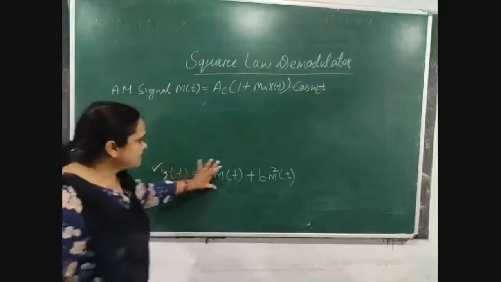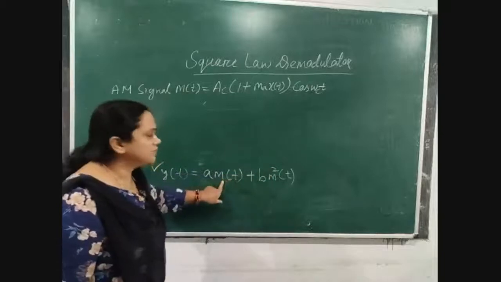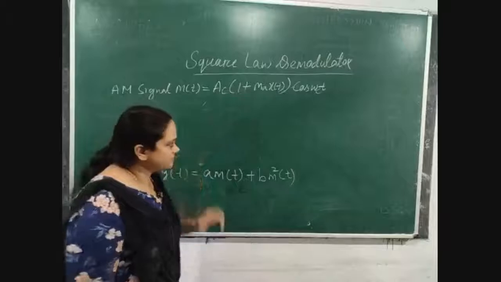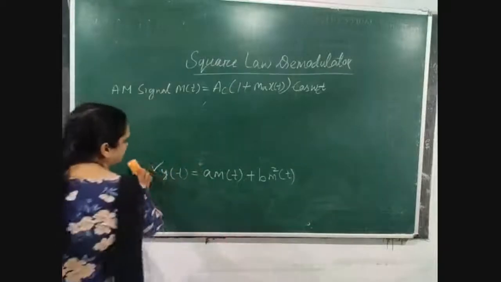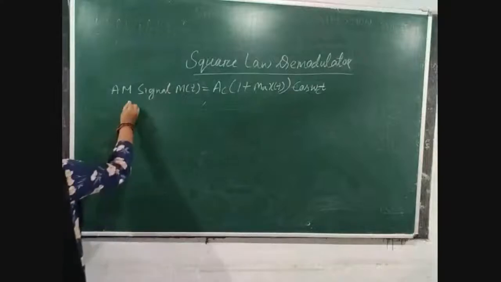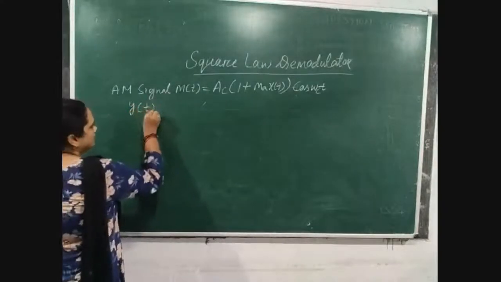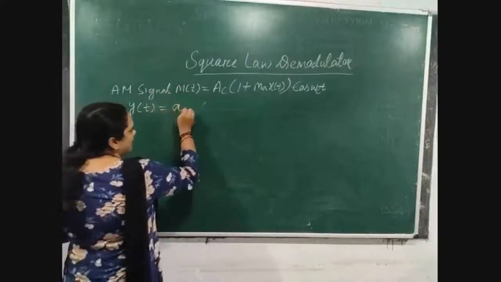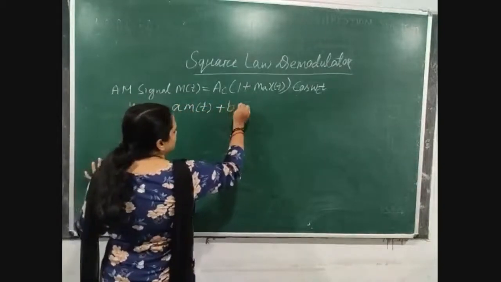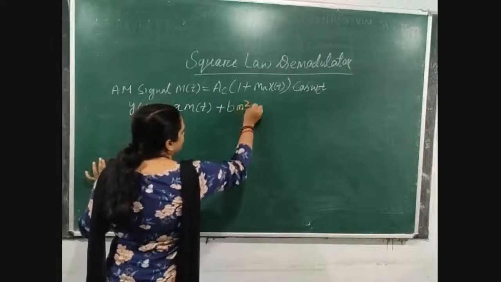So in this equation we substitute the value of m of t, that here it is given. Now we solve the equation, that y of t equal to a m of t plus b m square of t.